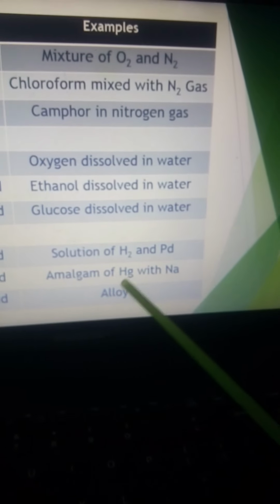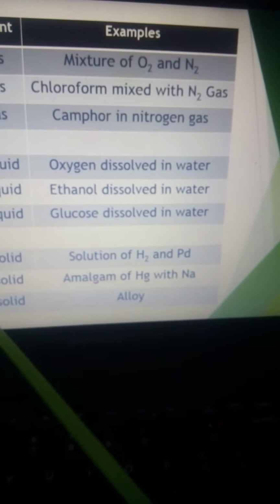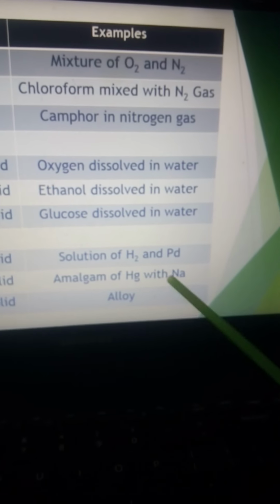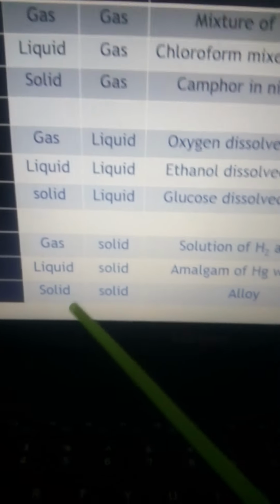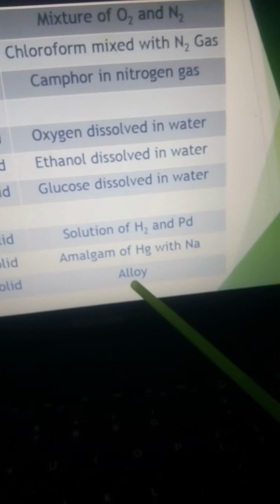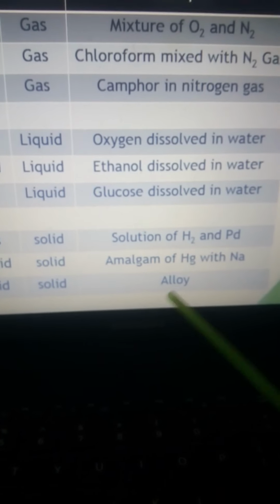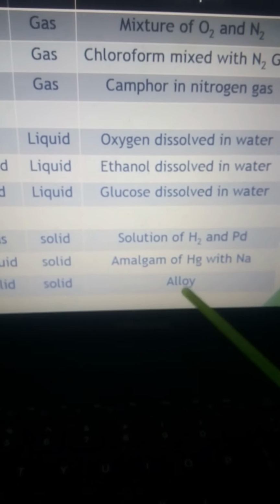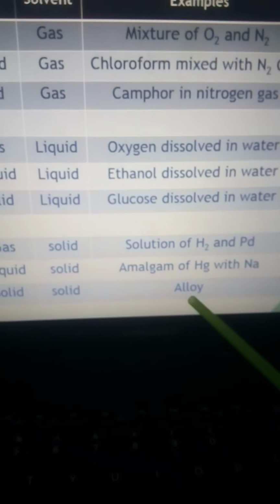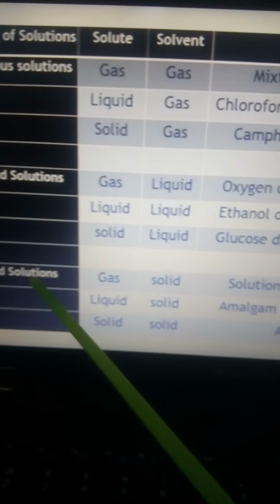Here mercury is in sodium, that means mercury in liquid state and sodium in the solid state, so liquid in solid, so solid solution. Similarly, solid in solid, any kind of alloy, say bell metal, brass, etc., where two or more metals or non-metals are mixed uniformly, so that is your solid solution.